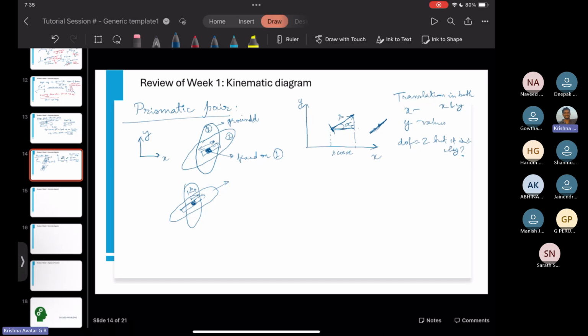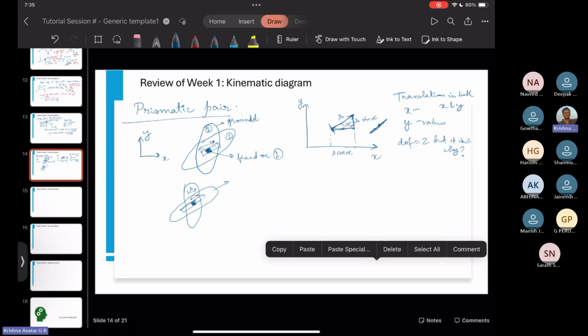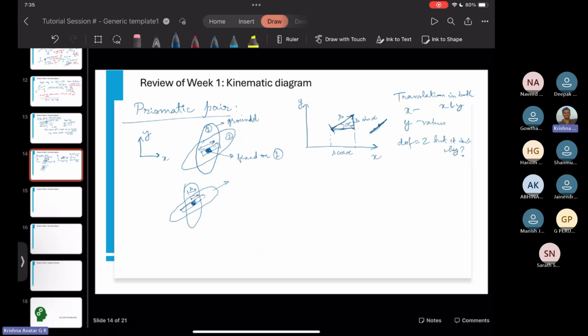And the height, or altitude, of this triangle is s sine alpha. Which means that the displacements along x and y are not independent.